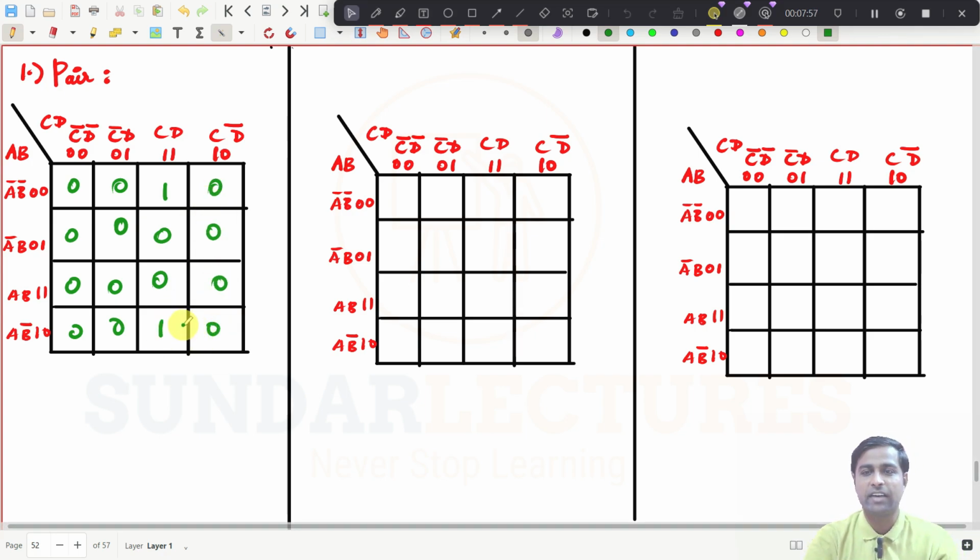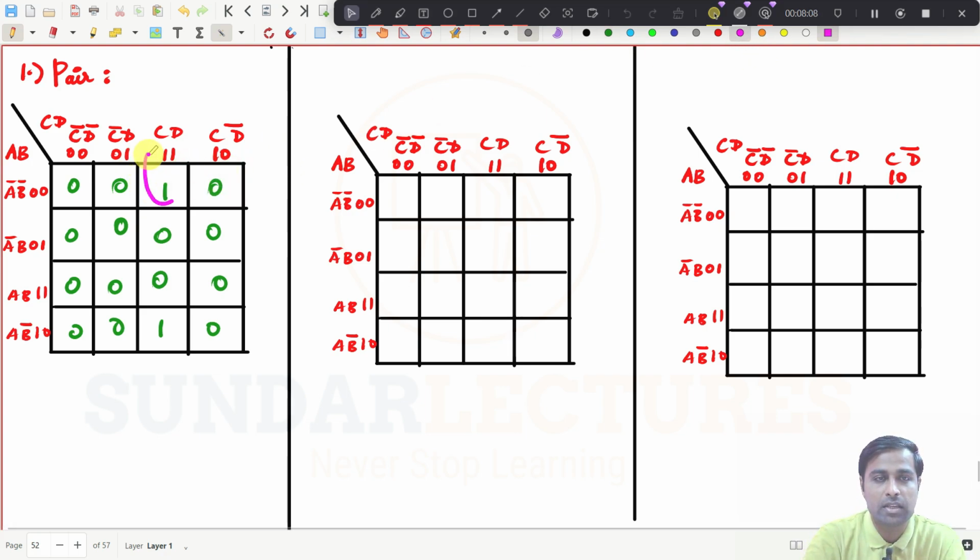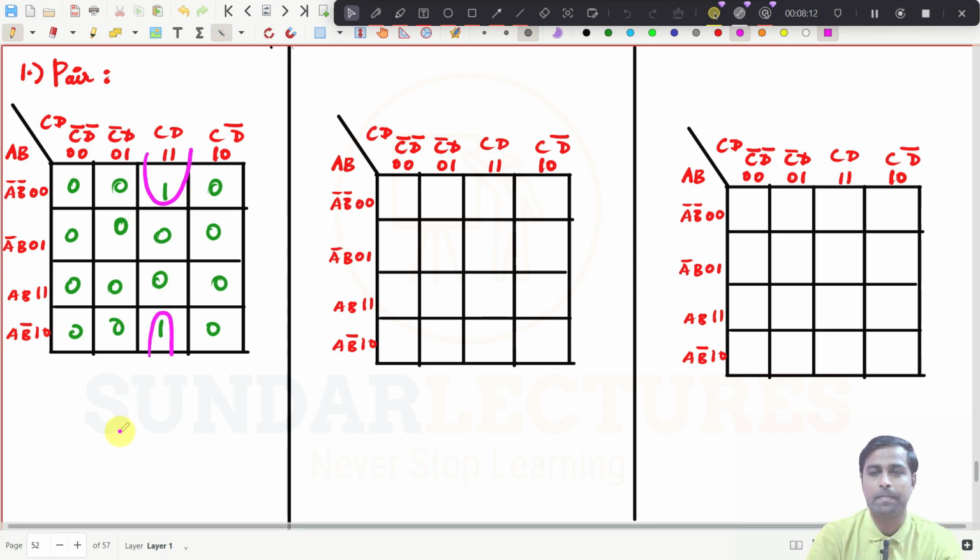For example, if I have an output like this, I have told you, right, I can fold the K-map like this as well as like this. So what happens here? These two, this one and this one are adjacent cells, so it is a pair.